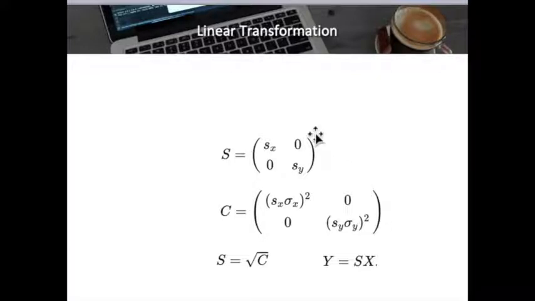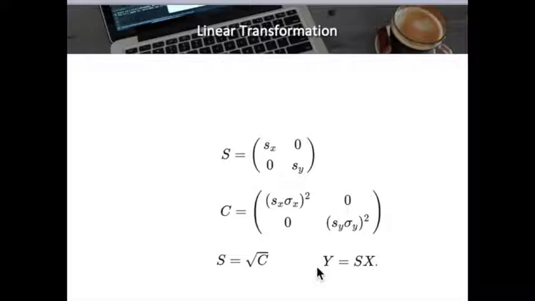Given that this is a linear transformation, we can expect the covariance matrix C of the transformed data to look like this. Here we multiplied the scaling factor into the variance. What that also means in turn is that we can formulate S as the square root of C. So we turn this around and then we basically get S again. And we transform, as I mentioned, the original data set, S times X, in order to get the data Y.